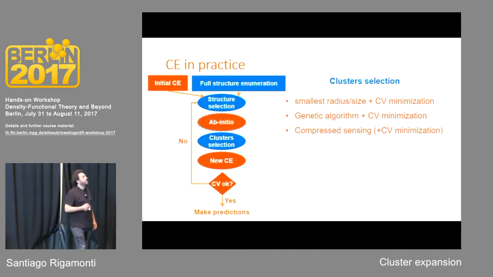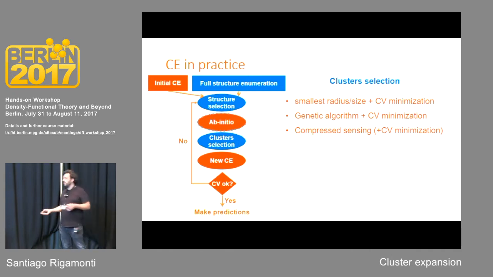Then you have to select the clusters. I already talked about that a bit. The first option is physically founded. You would say, I will take those clusters that are the smallest possible in size, what we call radius. The radius could be the maximum distance between two sites in the cluster, and the smallest number of points.